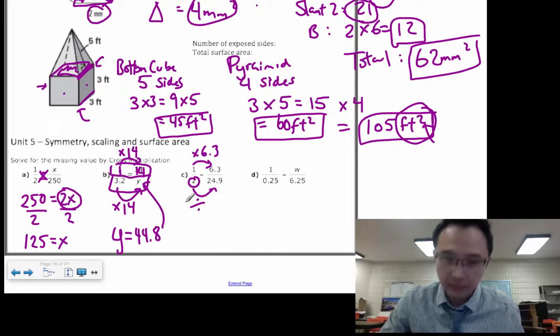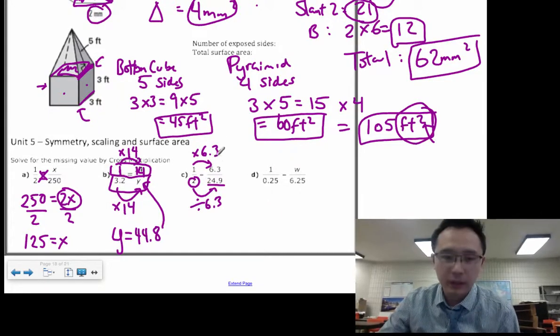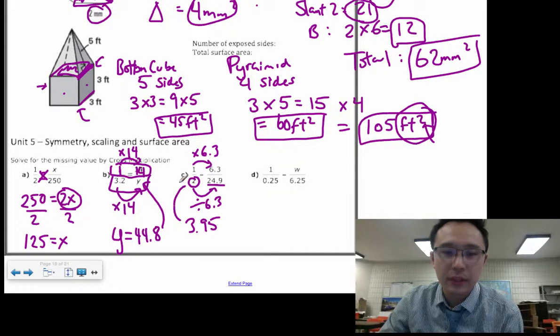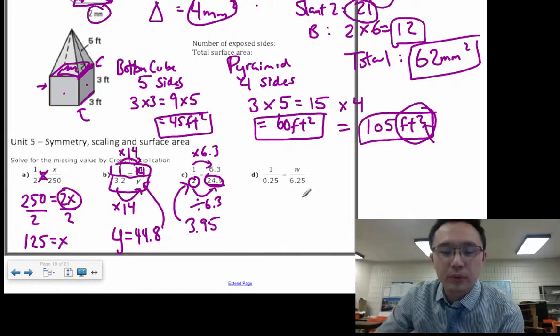That means 24.9 divided by 6.3 gives you 3.95. So that actually goes in here. So if you go 3.95 times 6.3, you should get 24.9. So that's what the proportional method is.